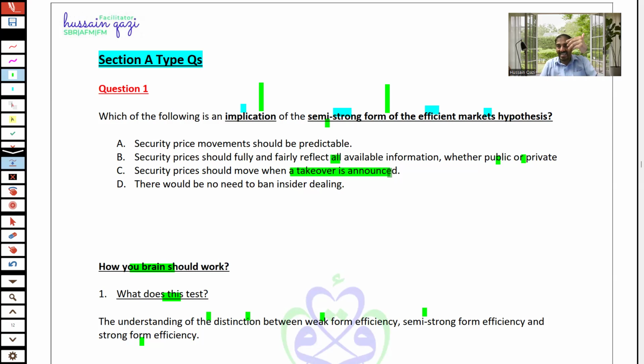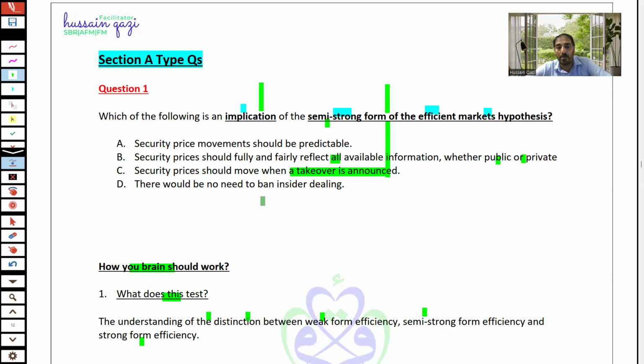Takeover is an incident. If a takeover is announced, not actually happened, and the share price moves, that means this is a semi-strong form market. Whatever information is available to the public, price moves accordingly. So C is correct. C is an implication of the semi-strong form.